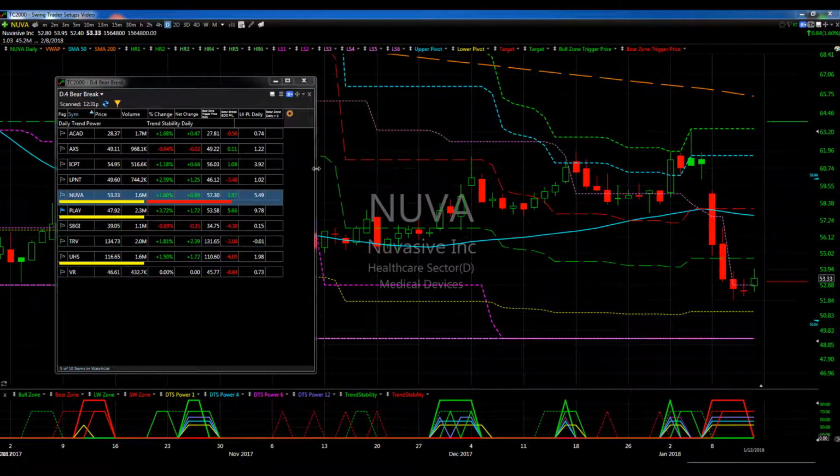It still has my trend stability here, which means this high has not come high enough to cause that to not be intact anymore. So this could definitely be resting for more down. If it goes on up above this level, it's going to take that out, and it's probably done with this move.